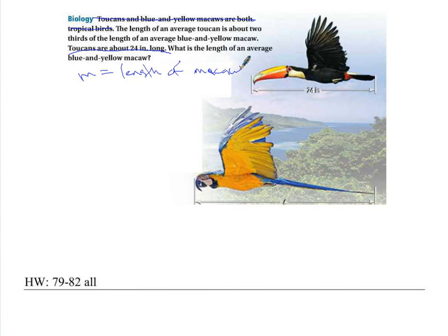Okay, so now we take the information that's in the problem and we write an equation. It says the length of an average toucan is about 2/3 of the length of an average blue and yellow macaw. Well, how long is the average blue and yellow macaw now? How long is it?